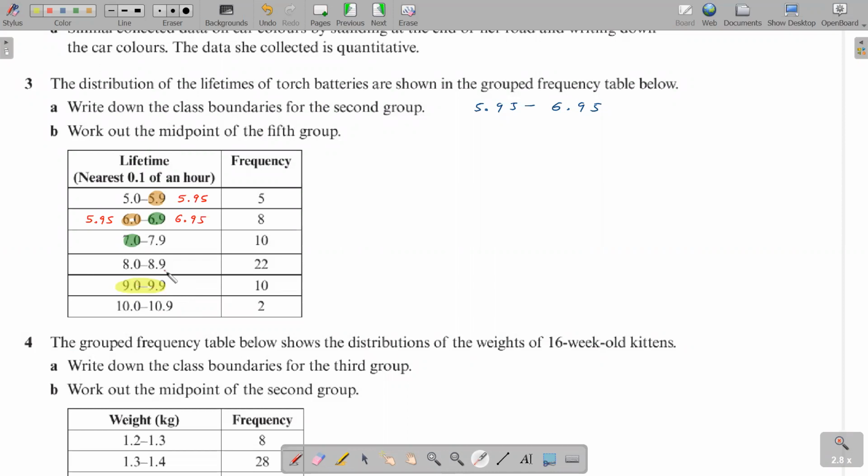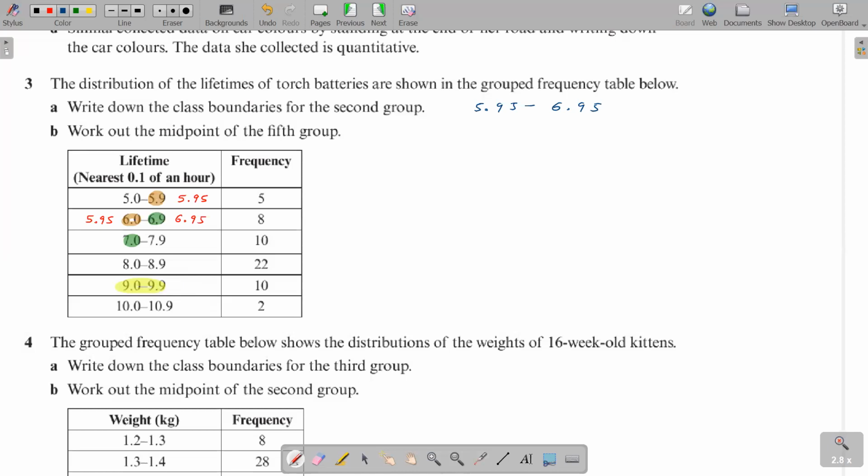So if you are not sure, you can actually fix the class boundaries and divide those two values by 2 to get the midpoint. That would be the ideal way to get it. Or else you can understand that since you are going an equal amount to both sides, the mid value actually will not change. Anyway, let's just go for the corrected class boundaries.